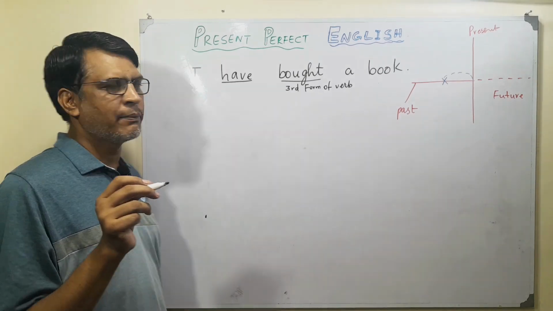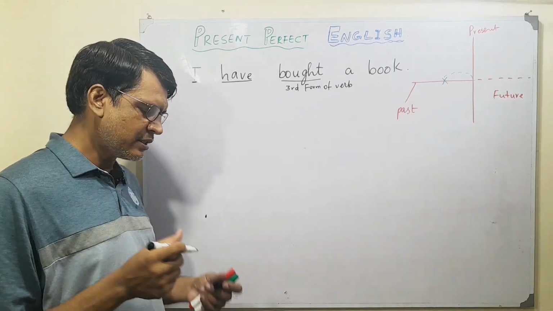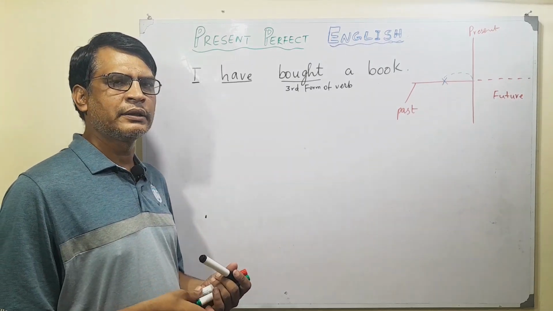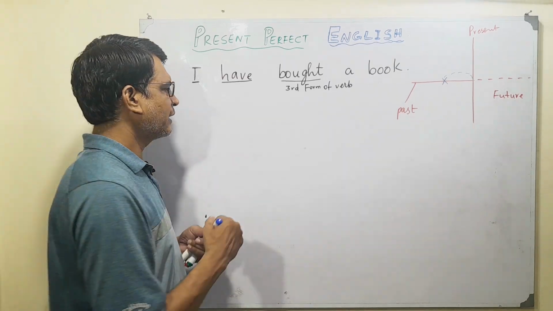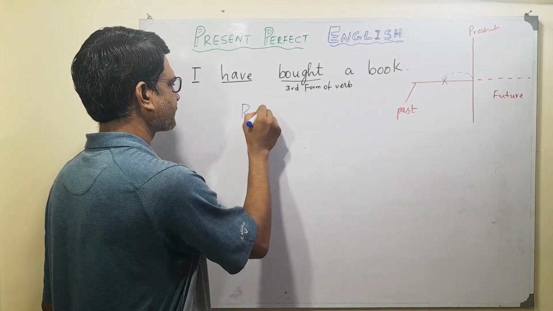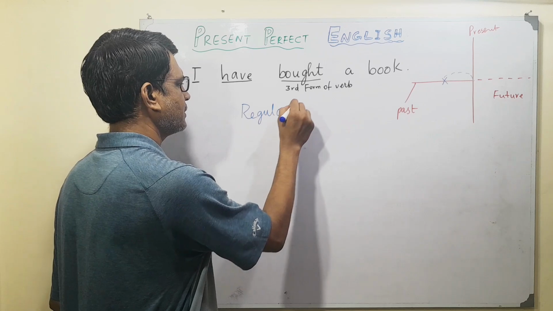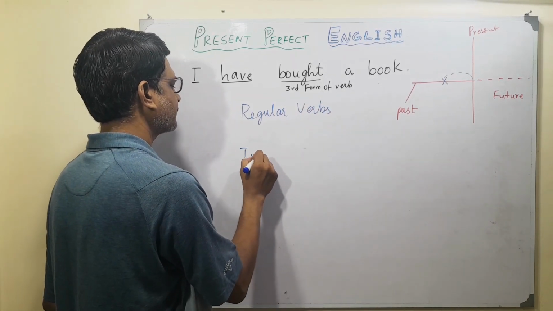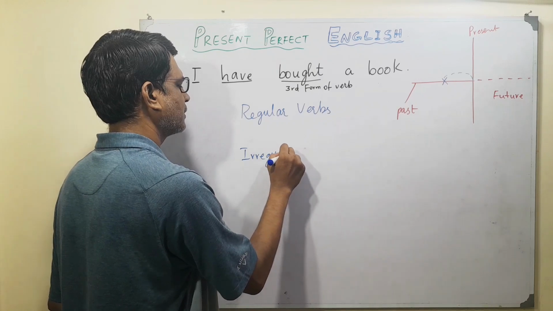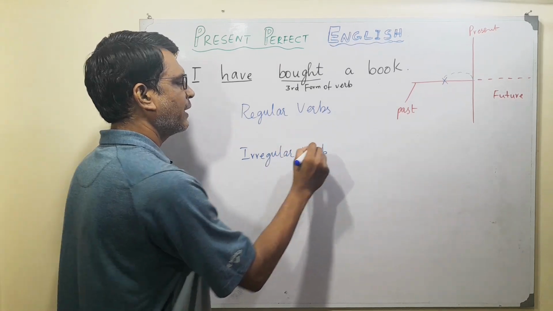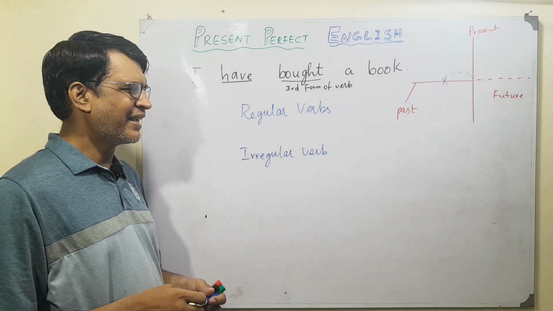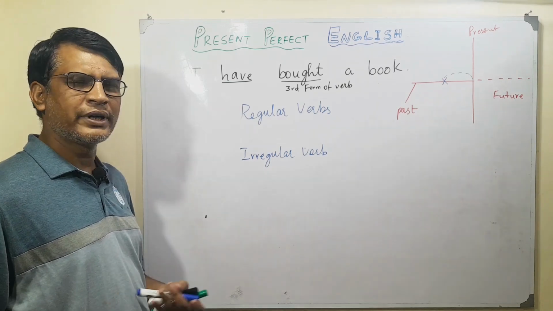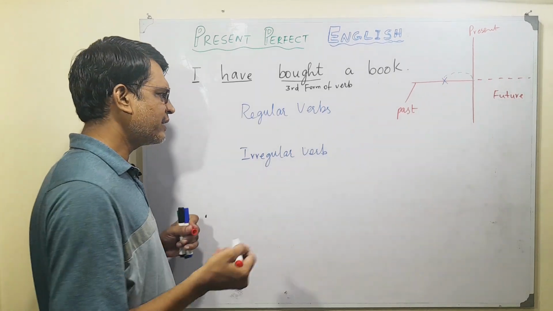If you remember, in the past tense, we also talked about the things that in English there are regular verbs and irregular verbs. Regular verbs are made by just putting d, ed, or ied with them.